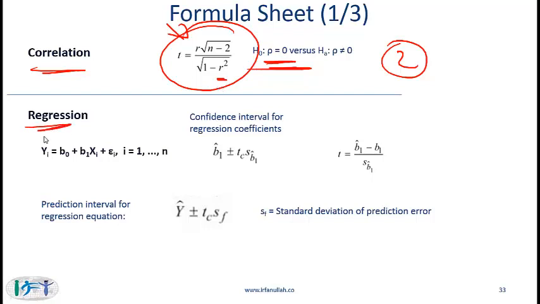Okay, then we come to regression. This is your basic regression equation. B1 is your coefficient. What is the confidence interval for the coefficient? It's B1 hat, the value that's coming from your regression. The hat means it's an estimate coming from the regression, plus or minus TC. TC is the critical value. If you are using a 5% significance, then this will be approximately 2. And then this is the standard error, which will come from your regression.